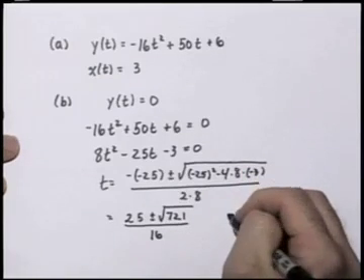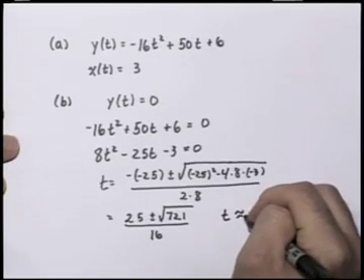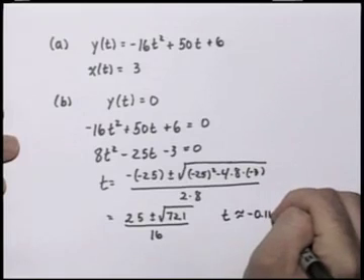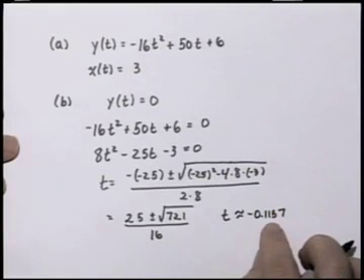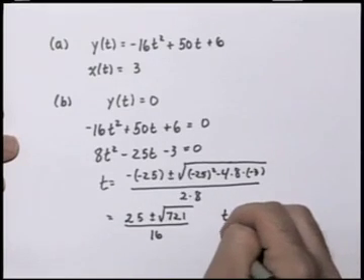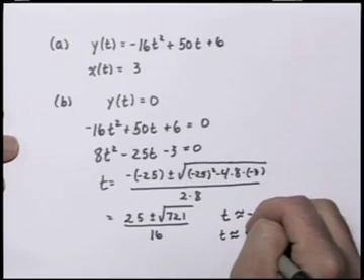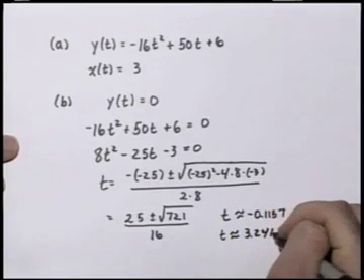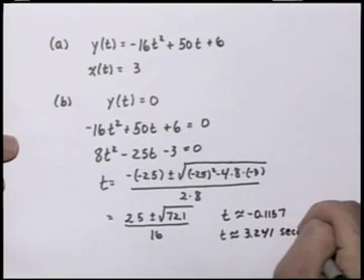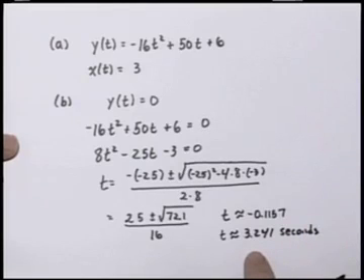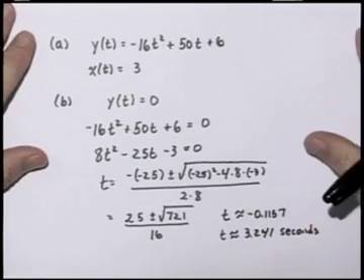If I work this out, I get that t is approximately negative 0.1157, which is nonsensical, or t is approximately 3.241, and this is measured in seconds. So the ball is in the air for about 3.241 seconds.